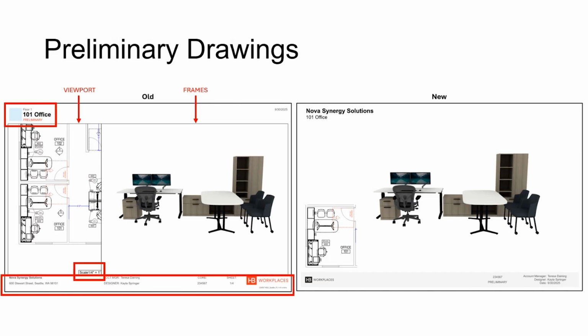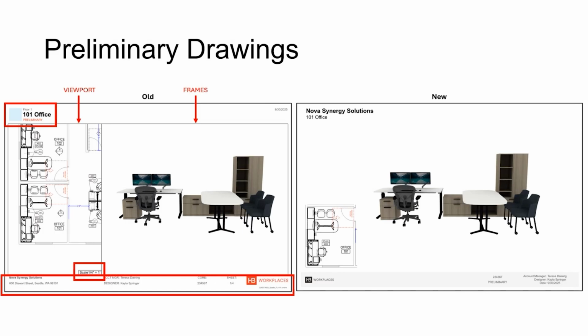And lastly, you'll notice a lot of differences in the title block along the bottom. Like I mentioned previously, we spent a lot of time deciding on what information belongs here and how it should be organized. We wanted it to feel clean and to ground the page properly while still including all critical information. So we moved the client name to the top left corner.